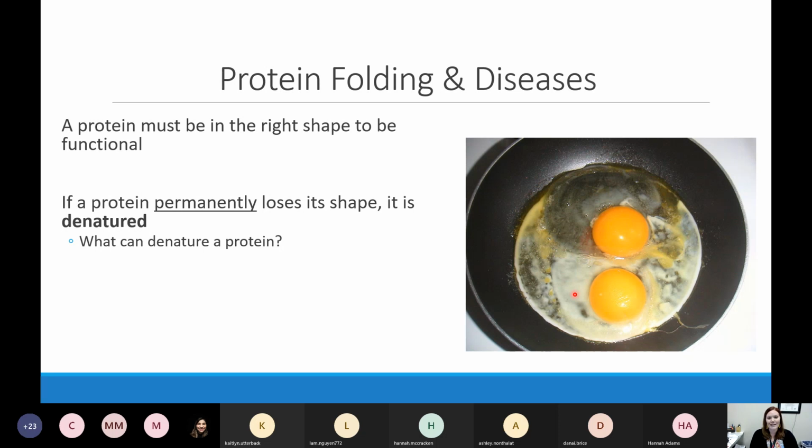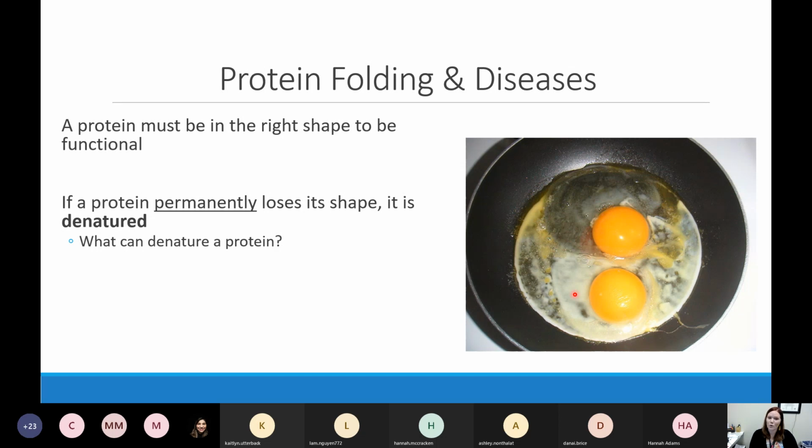I can also use things like chemicals. So for example, if I expose a protein to something that is a really high acid, like stomach acid, that's going to completely wreck its structure. Or if it's really basic, like ammonia or bleach, stuff in cleaning supplies, that can denature a protein.